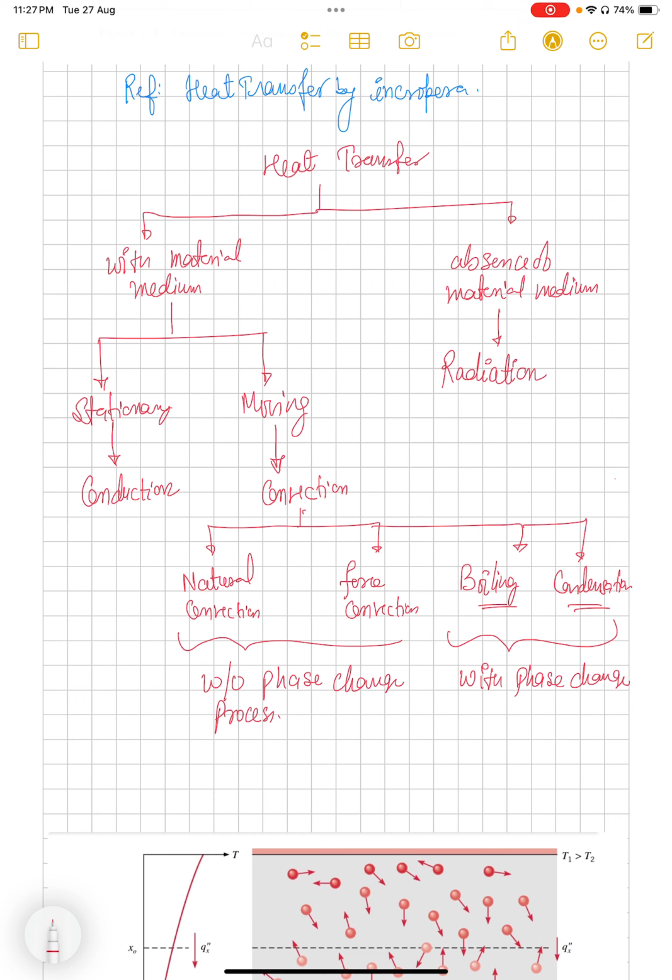The philosophy of radiation is that any body above absolute zero temperature will emit radiation in the form of electromagnetic waves, like the sun releasing heat that reaches the earth's surface, and in between there is vacuum and then atmosphere. So earth is receiving heat from the sun by virtue of radiation, and then conduction or convection through the atmosphere.